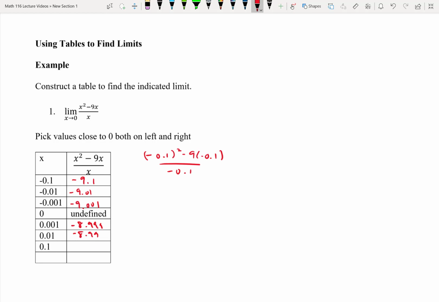And positive 1/10th, I get -8.9. So it appears that as x gets closer to 0 on both sides, that y is getting closer and closer to -9. So we would say the limit as x approaches 0 of x squared minus 9x over x is equal to -9.